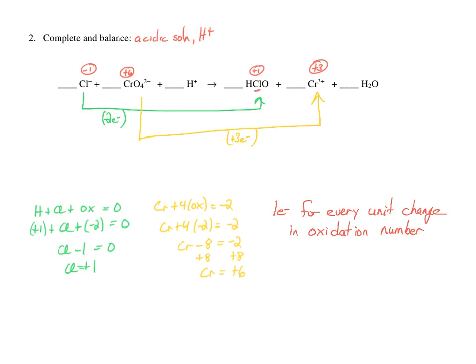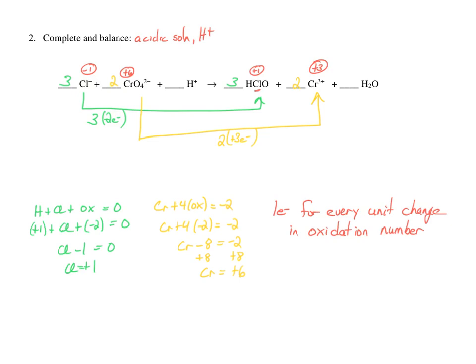So we want 6 electrons lost and 6 electrons gained. So we multiply the coefficients associated with chlorine by 3 and the coefficients of those chemicals associated with the chromium by 2. So now we have the number of electrons lost equal the number of electrons gained.